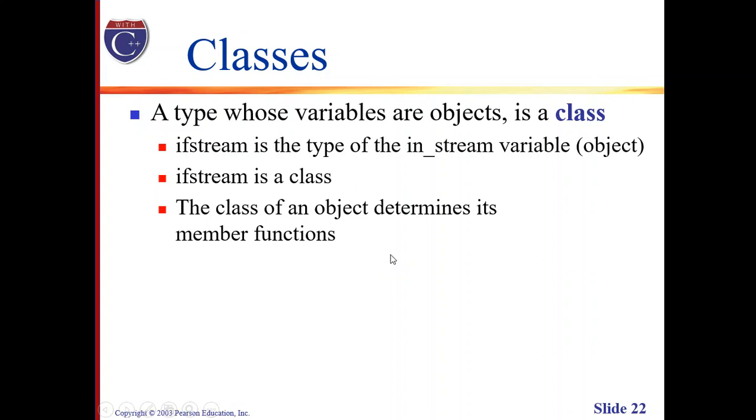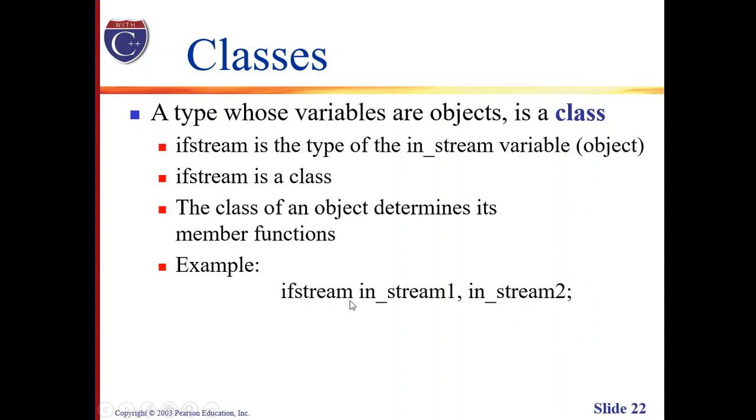Hence, that would determine its member functions. Just like what we have here. We declare two variables, instream1 and instream2, both of the ifstream data type, which is, of course, an object.